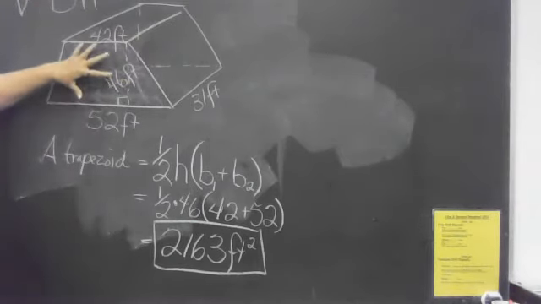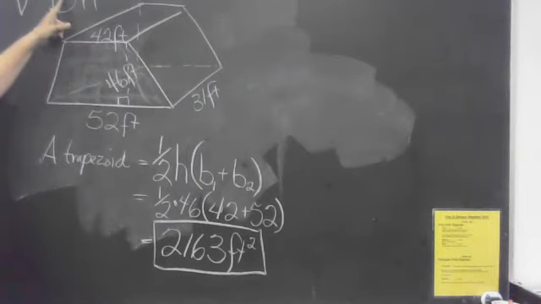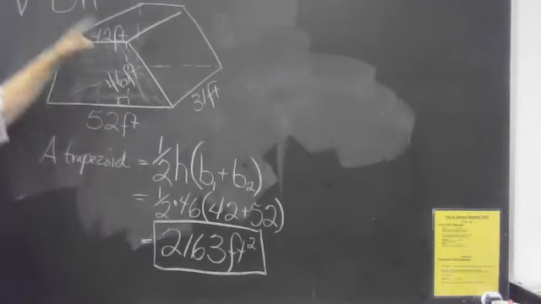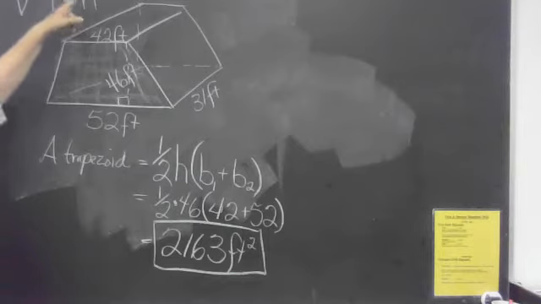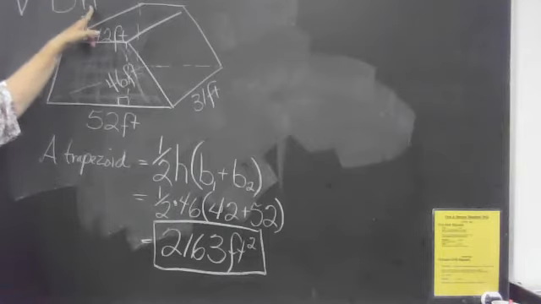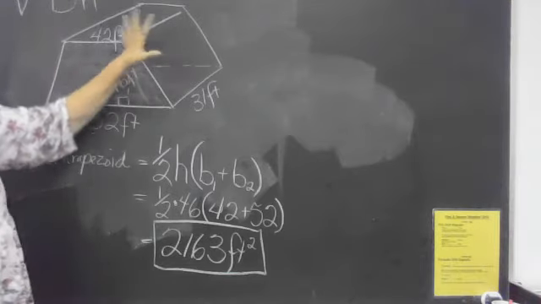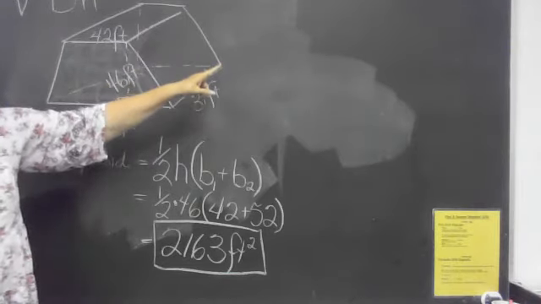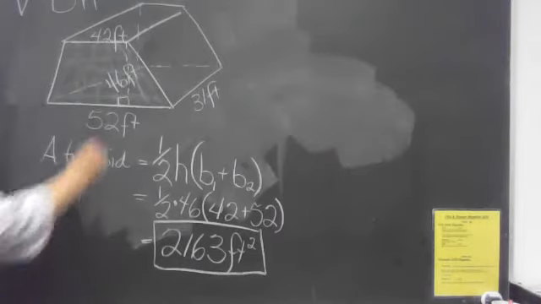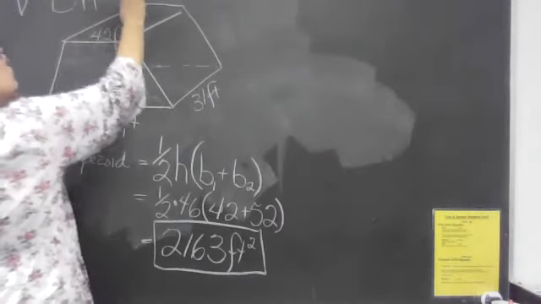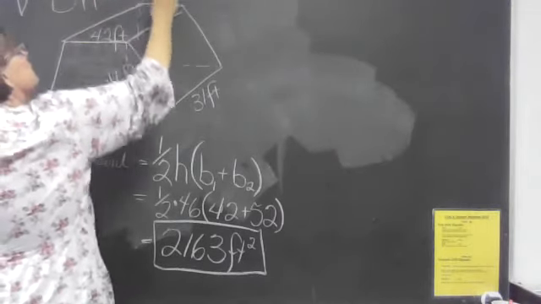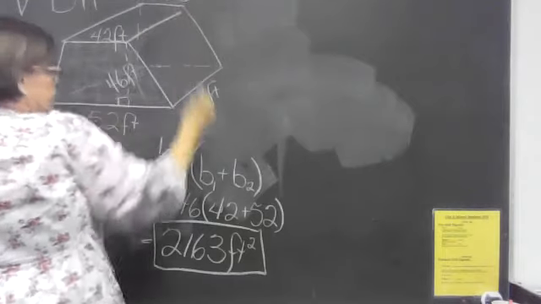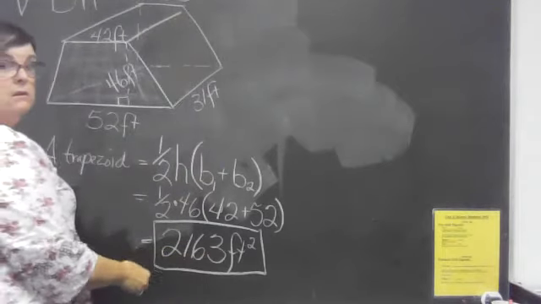So since I know the area of the base, I can put that number here. This is the area of the trapezoid times the height of the prism. And the height of the prism is what joins those two parallel ends together, which is 31. So now I'm going to have to take 2163, which is the area of the base.